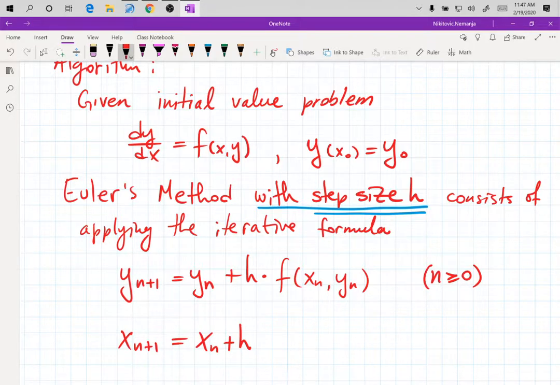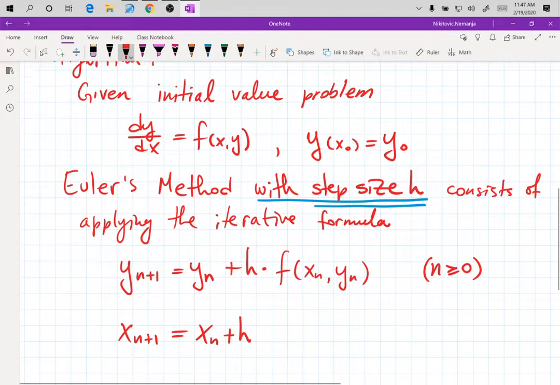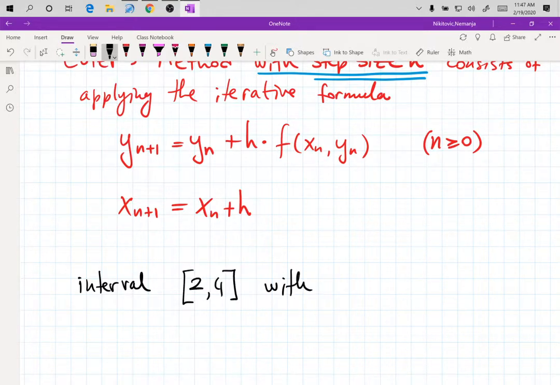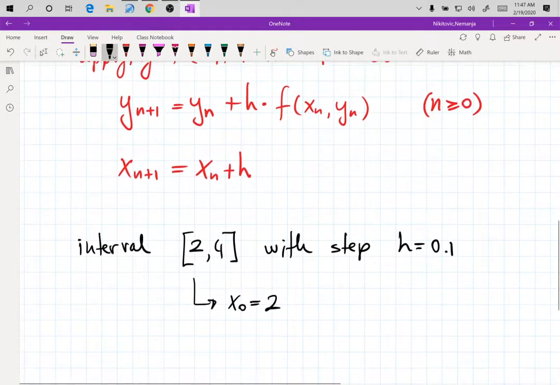And remember that if you are trying to do the solution for an interval, let's go 2 to 4, with step h equals 0.1, how many calculations will you have? Well, your first calculation here is x0 equals 2. And then your next calculation will be x1, which is 2.1.